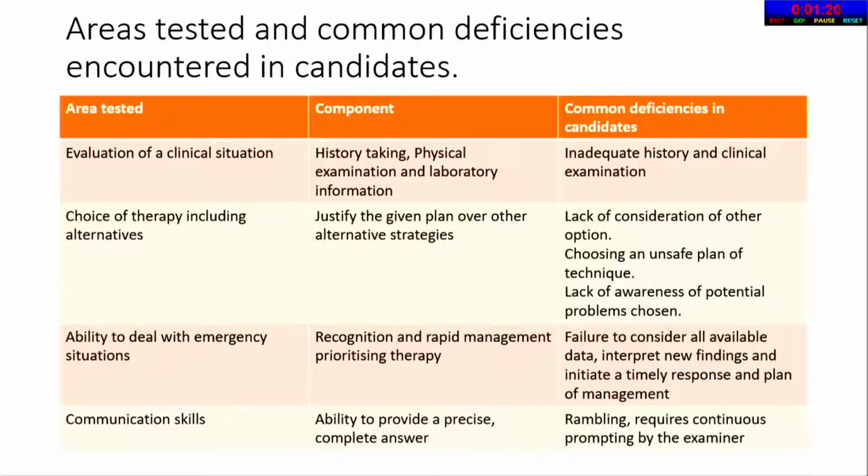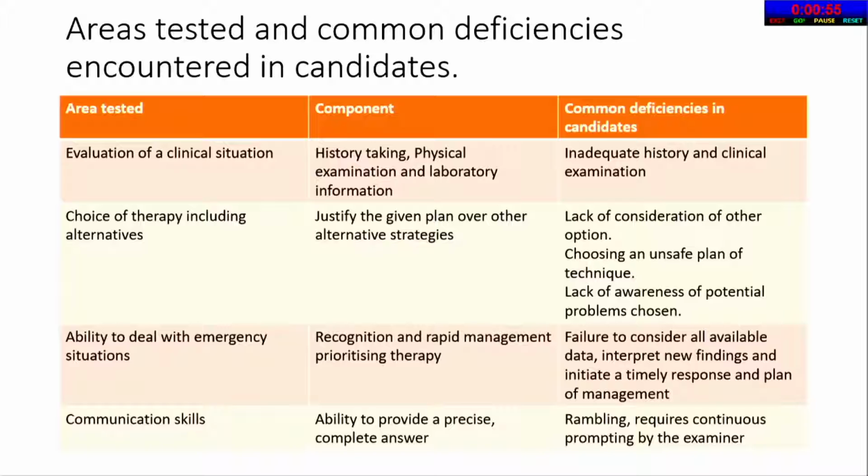In history taking, physical examination, and laboratory information, we are inadequate with history and clinical examination. Regarding choice of therapy or alternative, you have to justify the plan and alternative strategies. Here we lack consideration of other options, choose an unsafe plan or technique, or lack awareness of potential problems. Is my time over, sir?